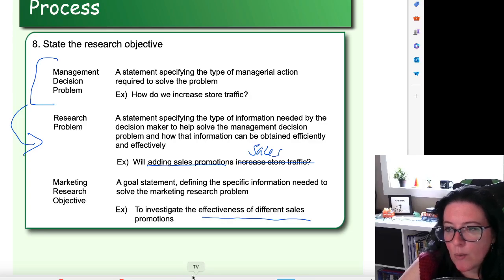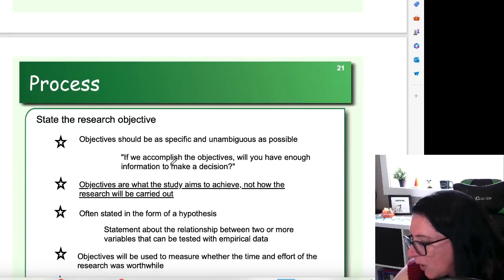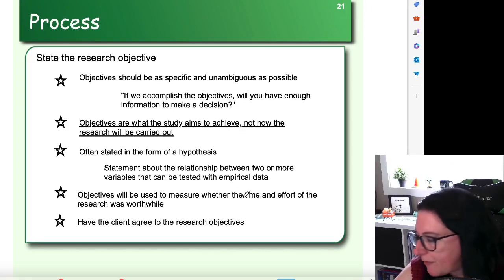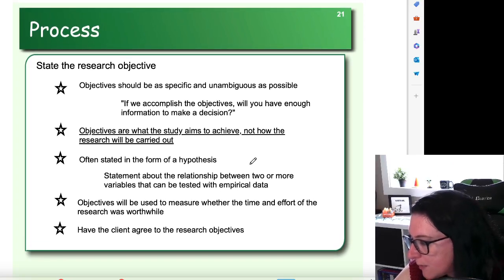So our research was successful if we accomplished the objective. And we need to make sure that that objective and that research problem give our organization enough information to make the decision. When you are stating a research objective, it should be as specific and unambiguous as possible.